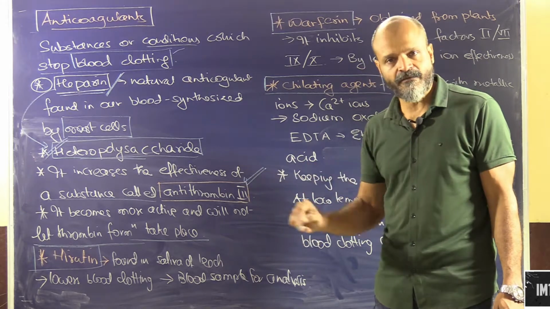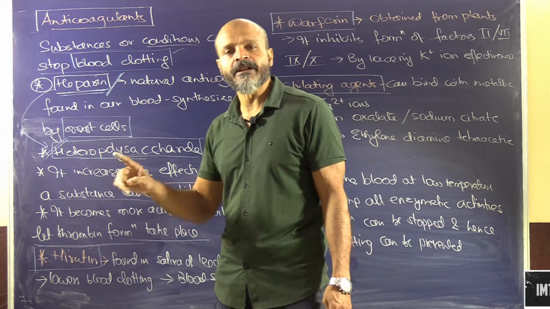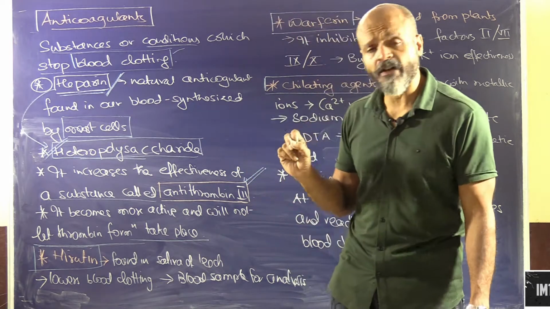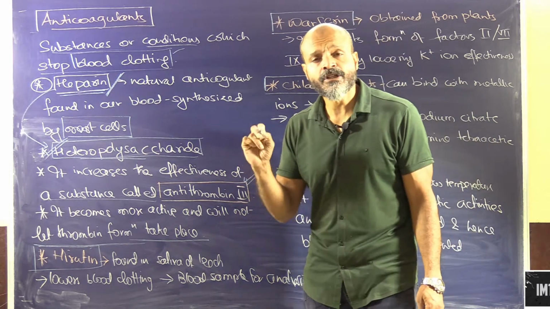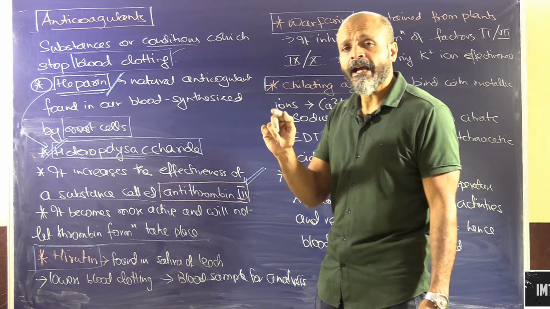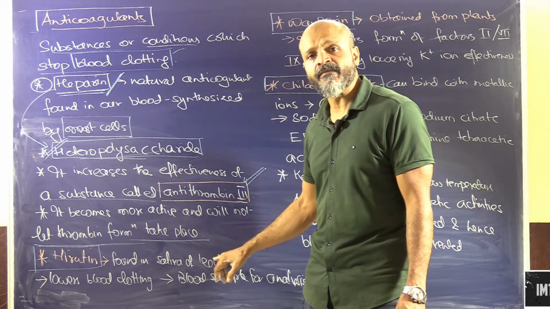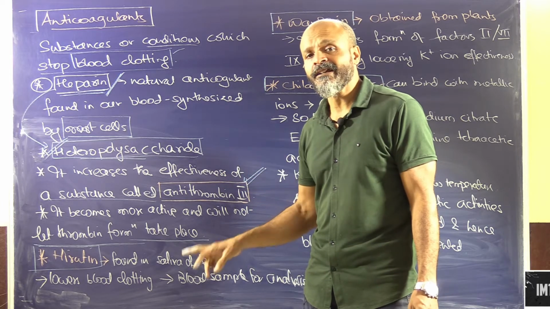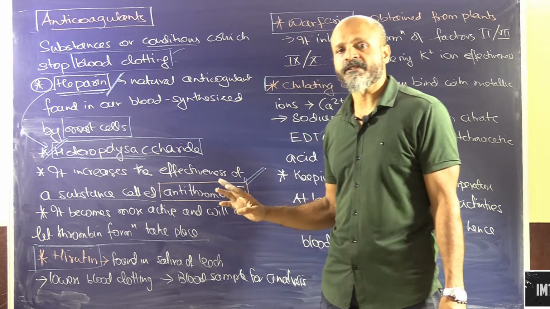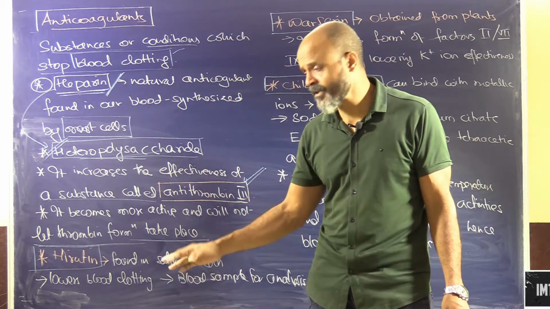So this is an external factor. Why are we studying this? Because just as the hirudin secreted in the leech's saliva does not allow clotting of the blood at the place where they are sucking the human's blood, in the same way this hirudin can be added to blood samples which are taken for pathological testing or for administering blood, whatever.